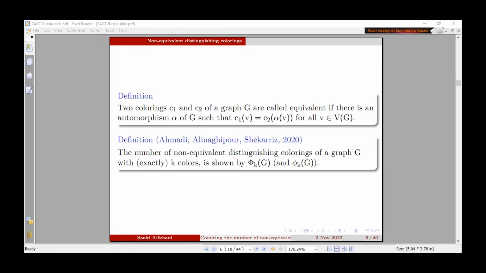The answer to this question is a polynomial in lambda, which is usually denoted by P(G, lambda), okay? And this polynomial is called the chromatic polynomial of the graph.